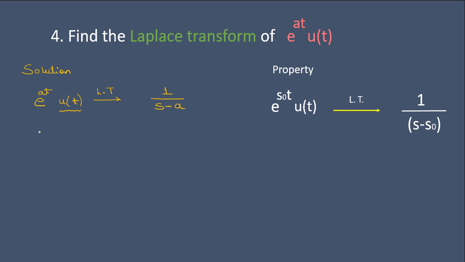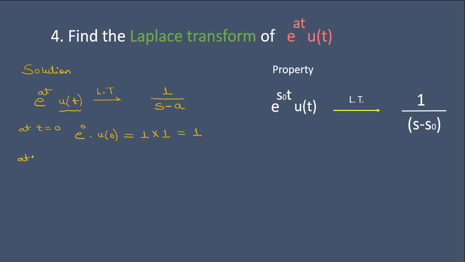We can draw the signal e raised to at u(t). So at t equals 0, it is e raised to 0 into u of 0. So e raised to 0 is 1, u of 0 is 1, so the answer is 1.